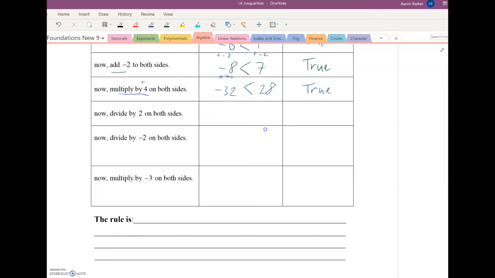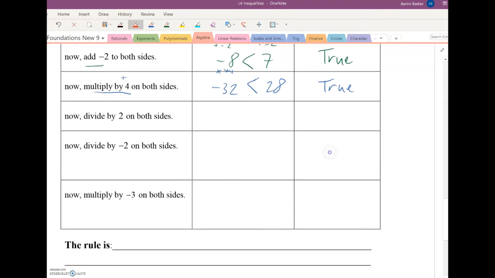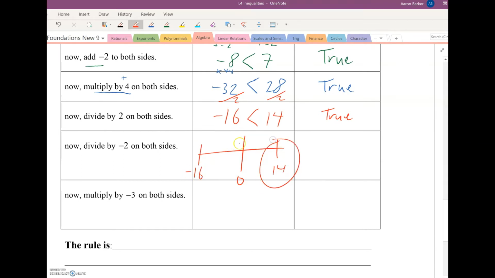Then let's divide by 2 on both sides. We get -16, sign stays the same, and 14. Is the sign eating the larger number? Yes, it's true. Remember, if this is 0, 14 is way over here, and -16 is way over there. This is a lot larger.